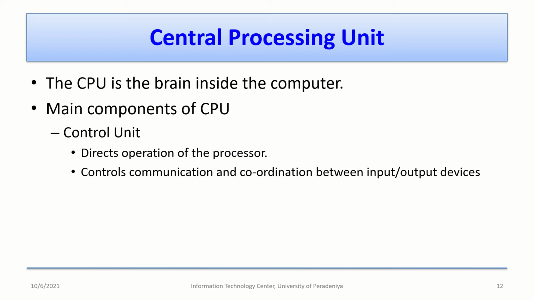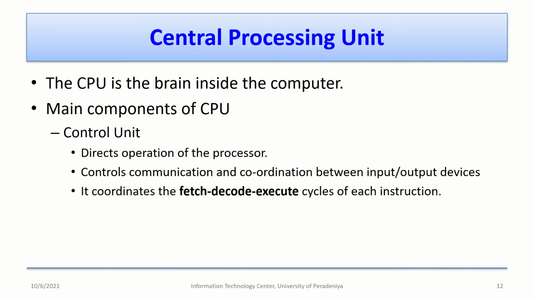Basically we can say it coordinates the fetch, decode, execute cycle of each instruction. So there is a cycle called fetch, decode, and execute, and this is coordinated by the control unit.